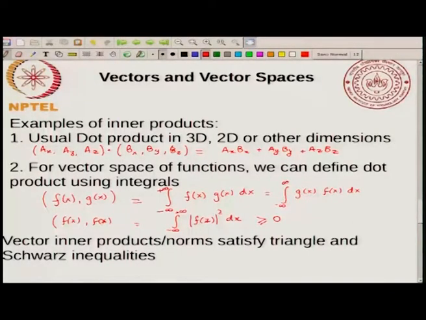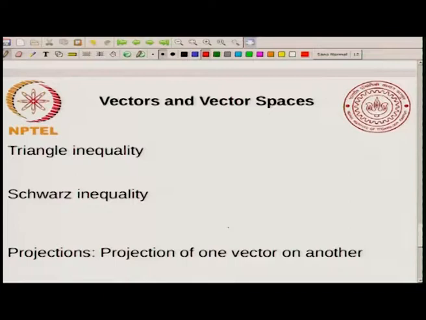Now, the inner product defined this way satisfies the triangle and Schwarz inequalities. So, what is the triangle inequality? The triangle inequality says that if you take two vectors A and B, and you take the norm of A plus B, that should be less than or equal to norm of A plus norm of B. And you can think of it the following way.